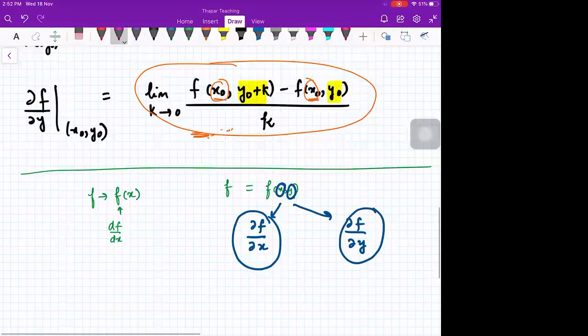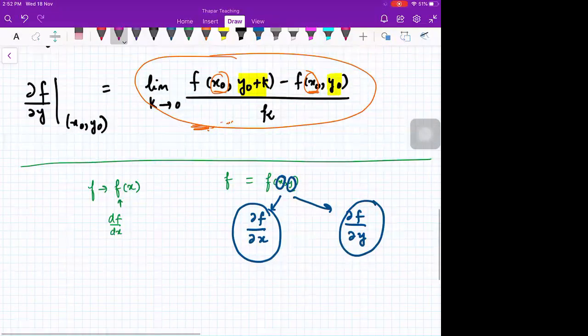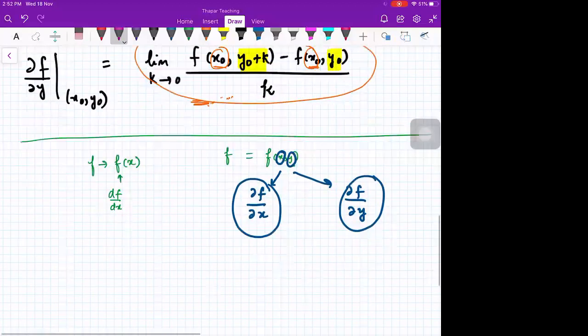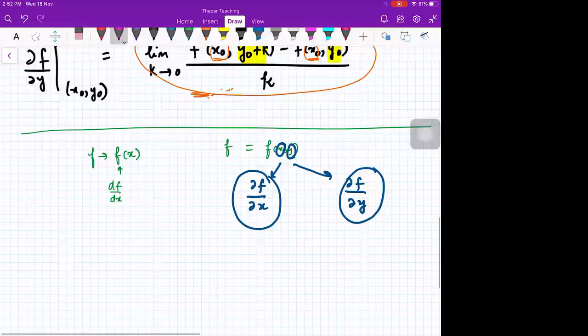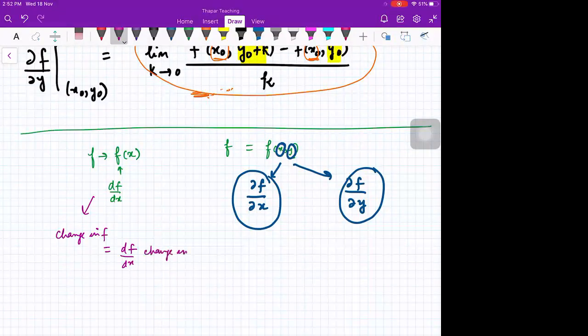Okay. So if we say what is the change in f? Change in f is equal to the rate of change of f with respect to x into change in x. Do you remember? This is what you do, right? So we write it like df is equal to derivative into dx. This is the change in x.